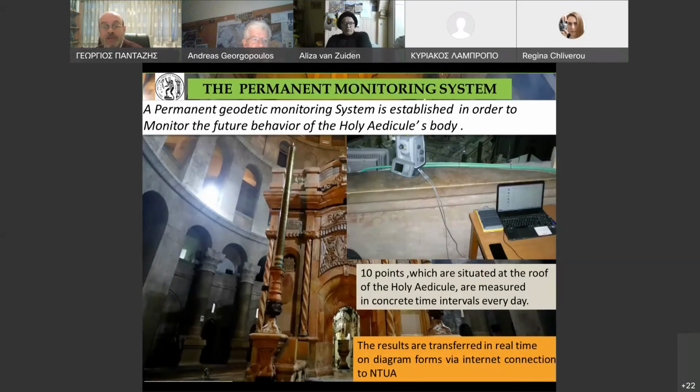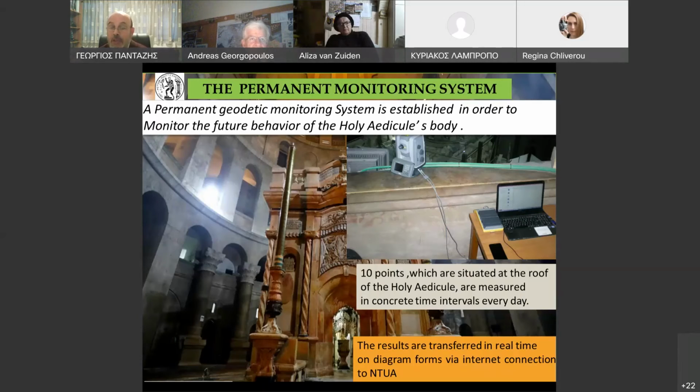This is a system which includes a total station, a specific total station which observes, at specific times, in a specific period, a prism, in order to monitor the future behavior of the whole Edicule body.